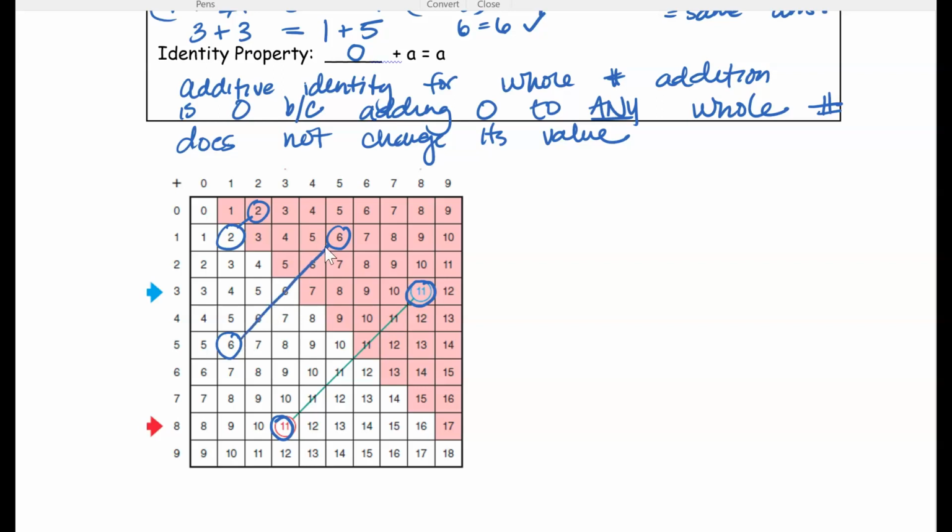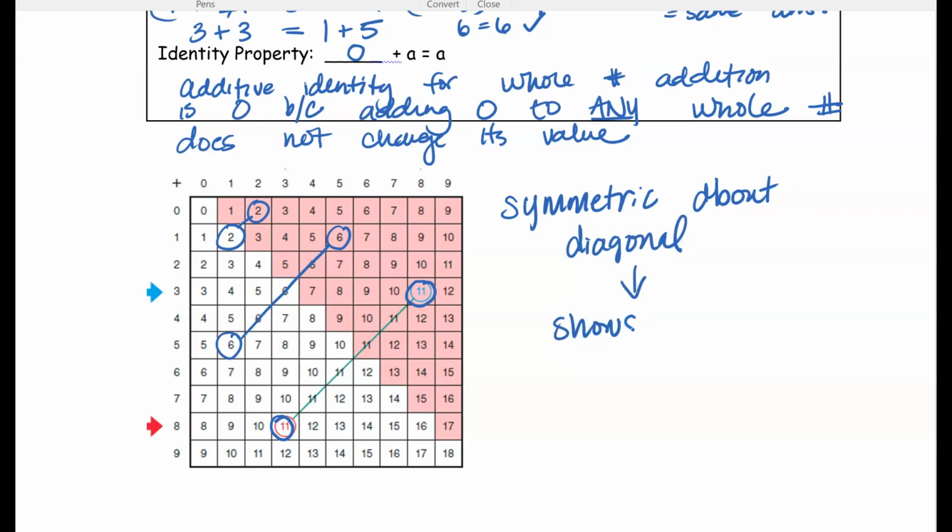So those are across from each other. You notice the table is symmetric about the diagonal. And this shows the commutative property. It's a visual illustration of the commutative property in play with addition.